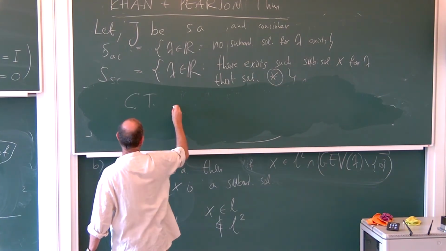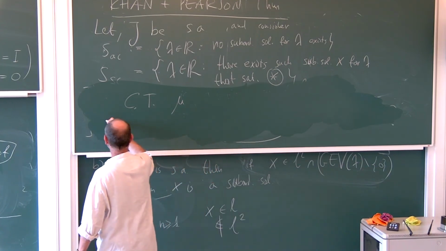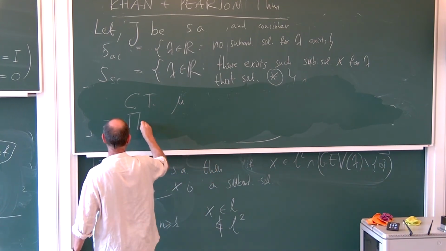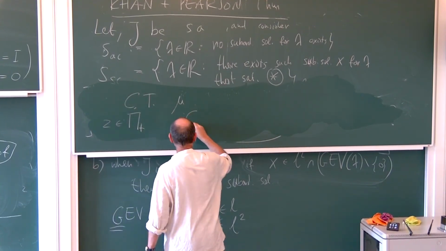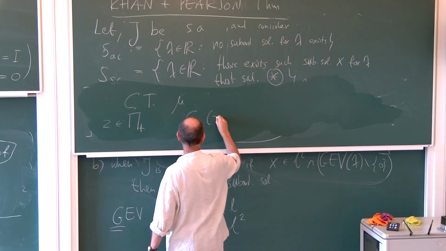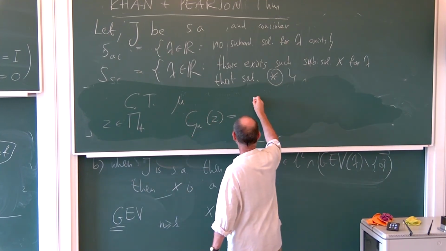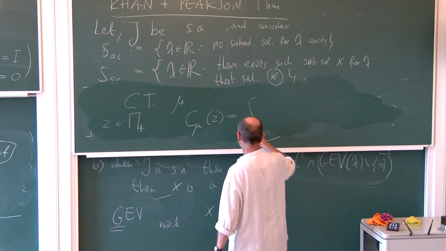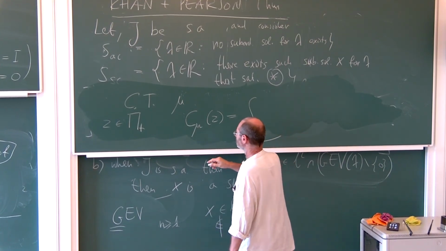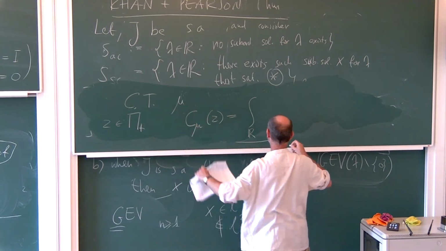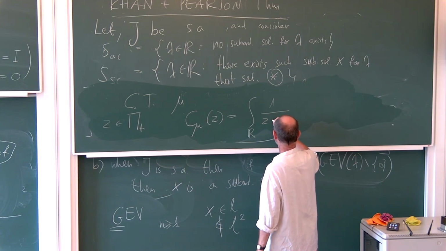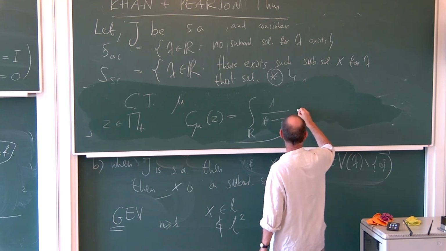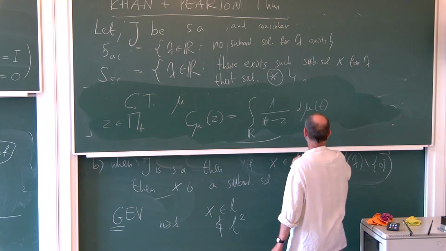Cauchy transform of a finite measure mu. So I take z belonging to P plus, the upper half plane, and the Cauchy transform of the measure mu at the point z is just the integral over R. This is a measure on R, and I take 1 over t minus z d mu of t.